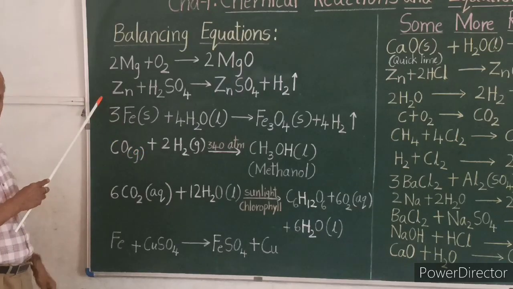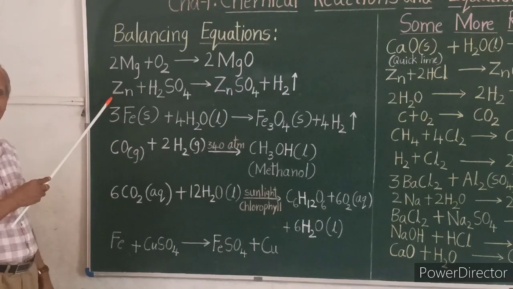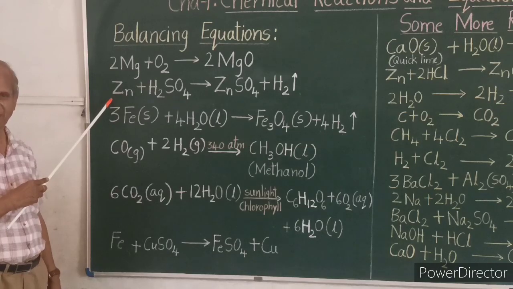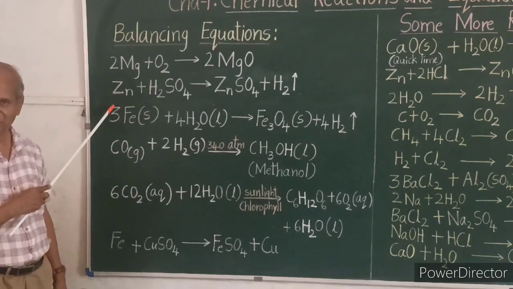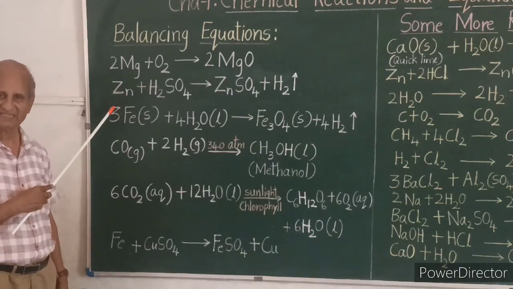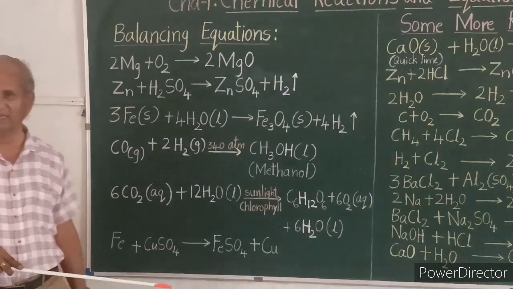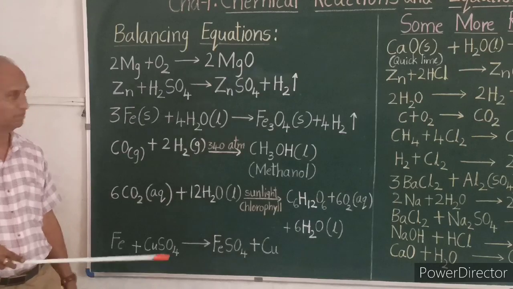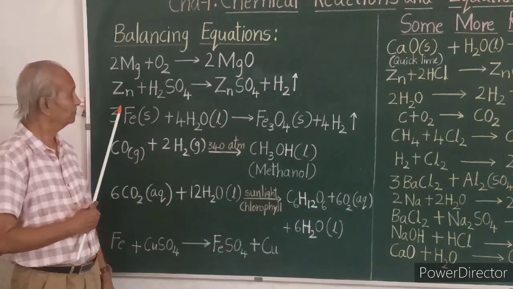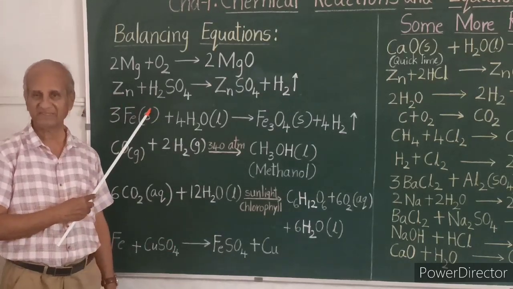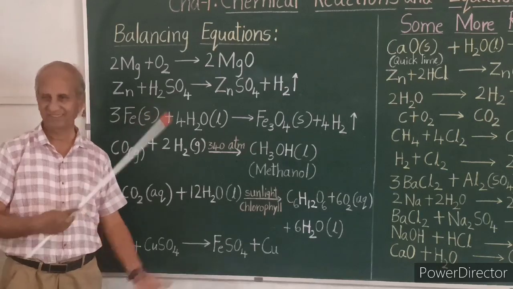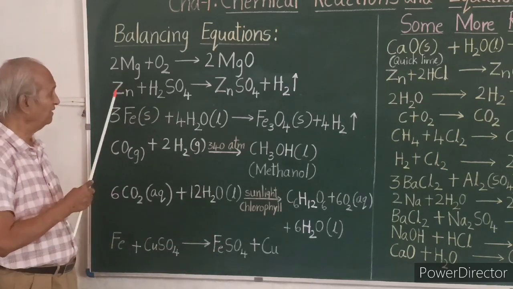Okay, we come to the next. Here we have zinc. This experiment too we had done yesterday. Zinc is represented by the symbol Zn. You say Zn or Zn, as you say, it's fine.